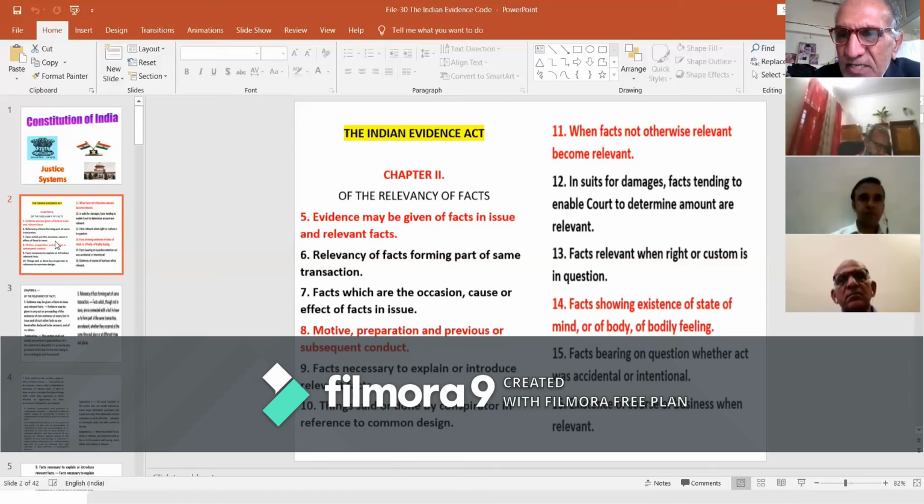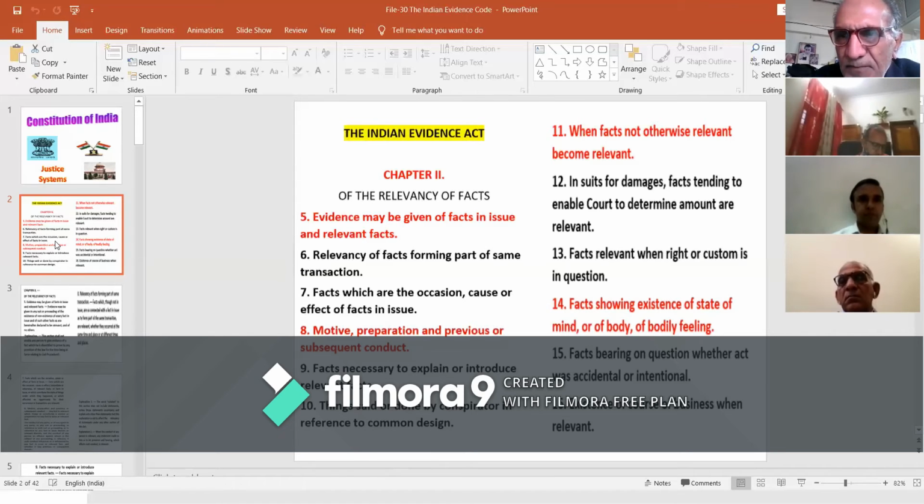So evidence is to be led with respect to the facts in issue, means the ingredients which are to be proved, and the relevant facts. So the focus today of our visit is about the relevant facts. Naturally, the question will arise, which facts are accepted as relevant facts?